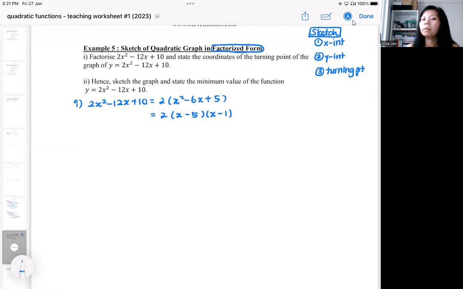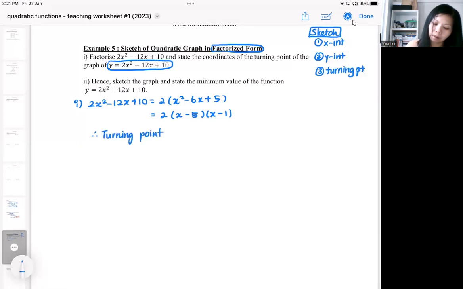The purpose for factorizing it is, after factorizing, you will be sketching it with the factorized format in mind. So in this situation, I'm going to find out the turning point of this function.